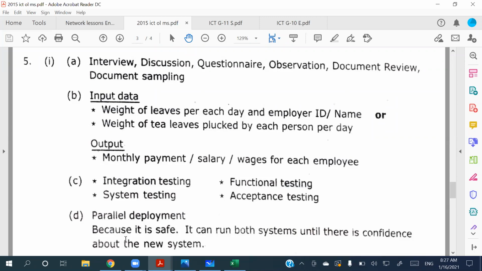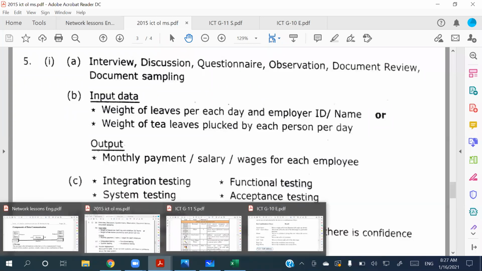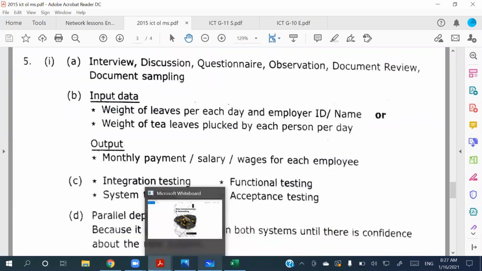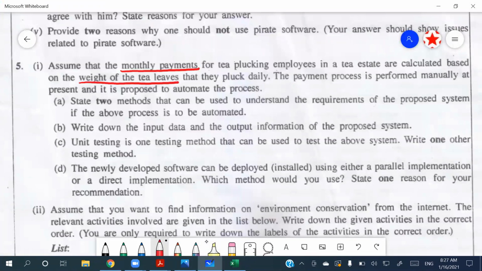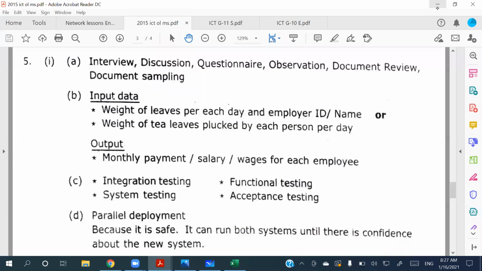Let me see, okay, yes, it's monthly payment for each employee. Hold on, do we need to write the each employee thing? Yeah, it's better since they are indicating employees, right? It's better we say weight of the leaves per each day for each person. So there should be an indication of weight of leaves per each day.